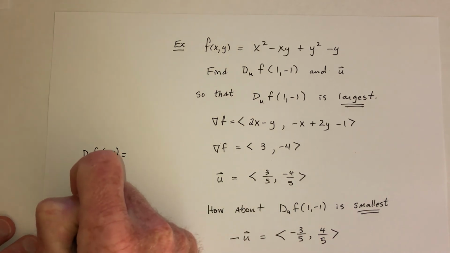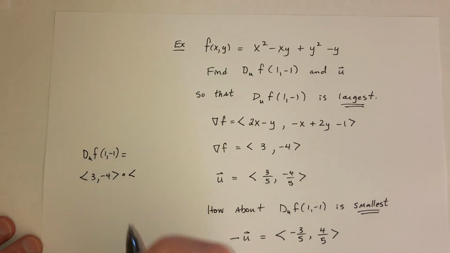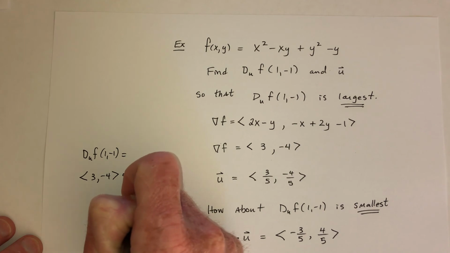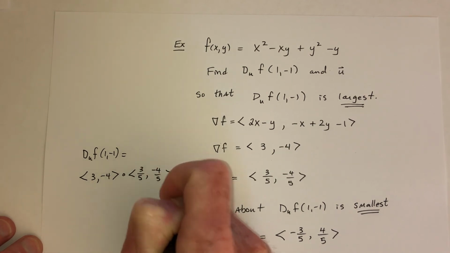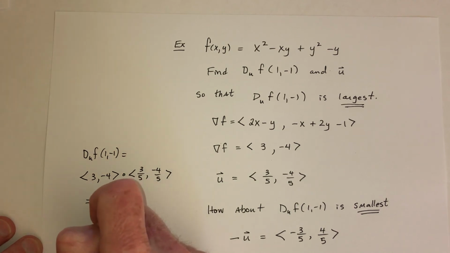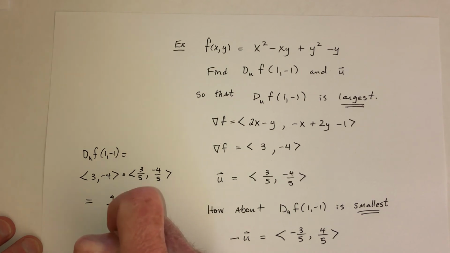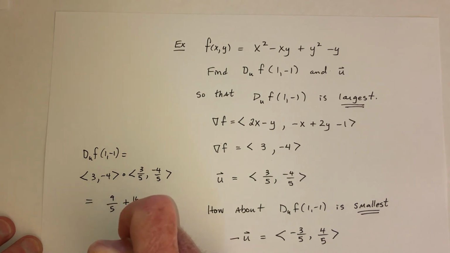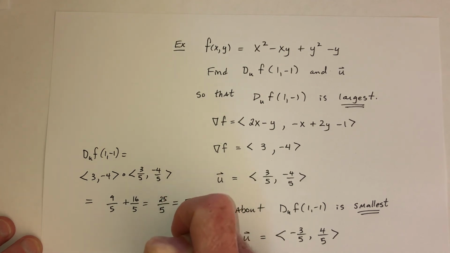So it's going to be 3 comma negative 4 dot product with 3/5, negative 4/5. So let's see, that would be 9/5, and then negative times negative would be positive 16/5. So that's 25/5, or in other words, 5.